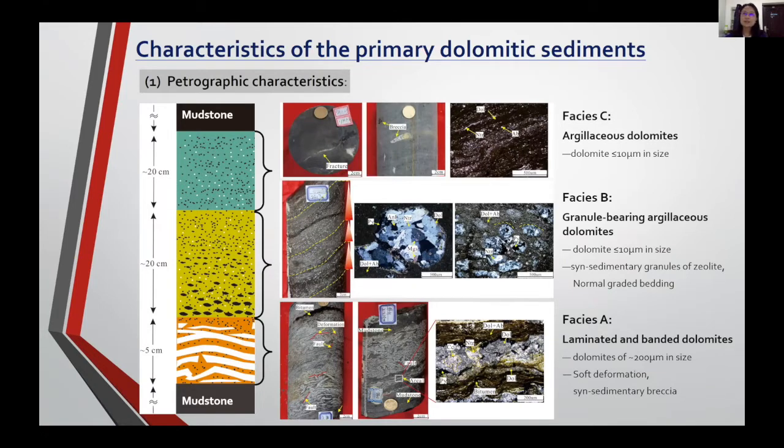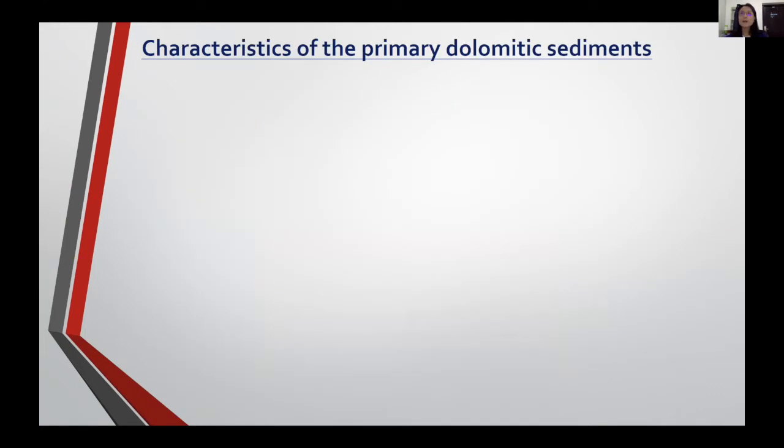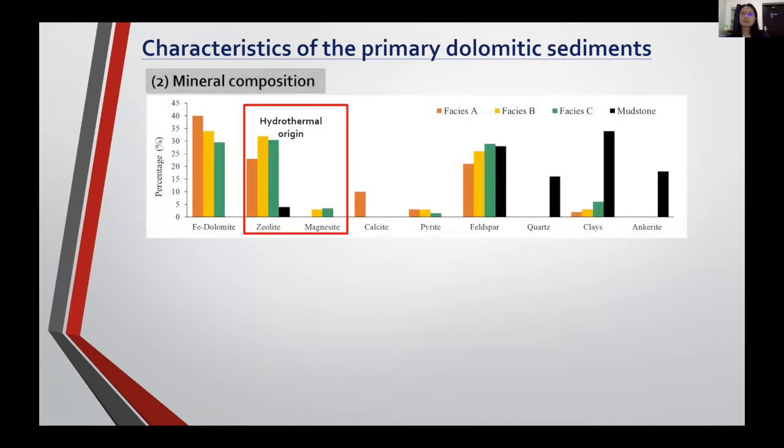Abundant syn-sedimentary textures are observed in the dolomites, like soft deformation and syn-sedimentary breccias and granulars. There is no evidence of any precursor minerals or residual texture. All this indicates that the dolomites are sedimentary rather than diagenetic. All lithofacies are composed of dolomite, zeolite, and albite, associated with minor magnesite and pyrite.